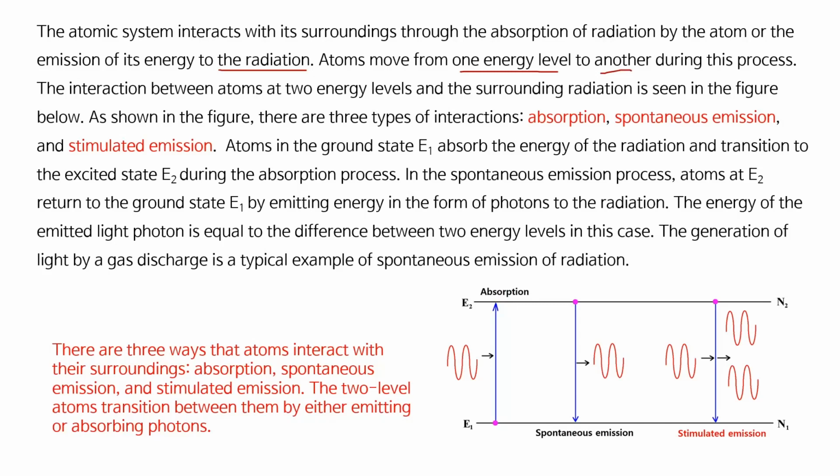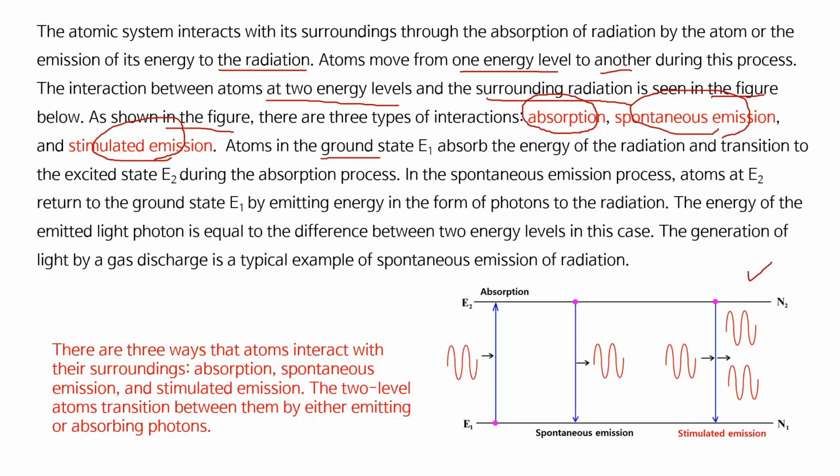The interaction between atoms at two energy levels and the surrounding radiation is seen in this figure. As shown in the figure, there are three types of interactions: absorption, spontaneous emission, and stimulated emission.